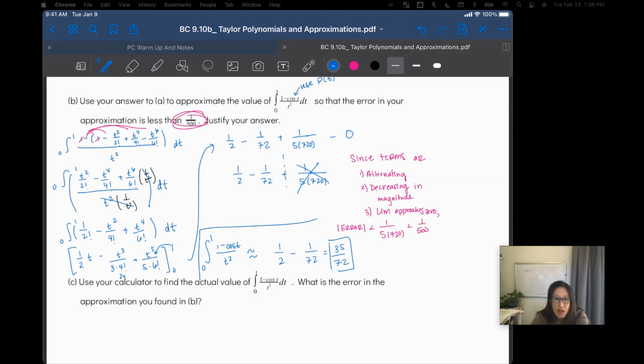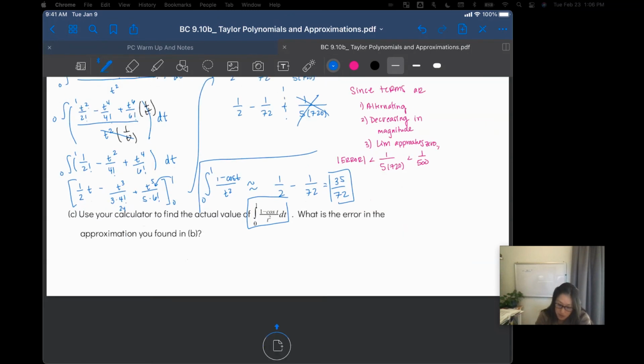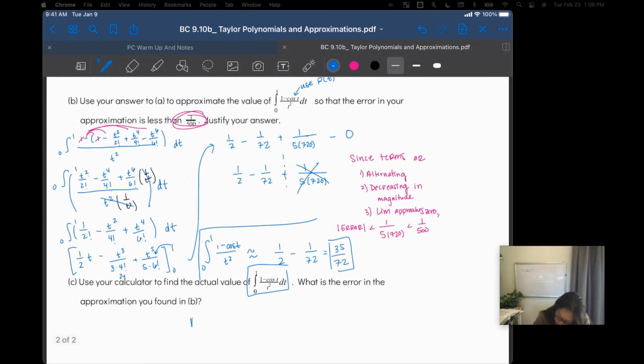Okay, so in fact, let's use our calculator to calculate out the error. So I went ahead and used my Math 9, plugged in my function here, and I evaluated this, and I got the approximation is equal to 35 over 72, which is equal to 0.486.